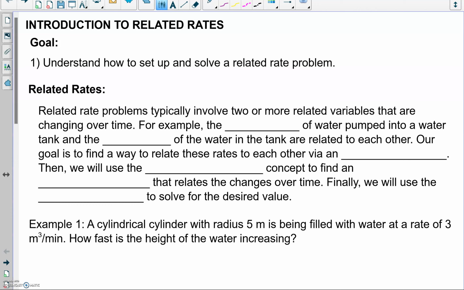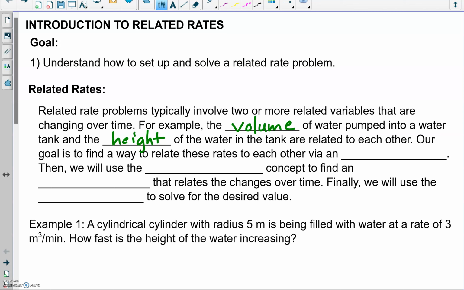So overall, related rate problems typically involve two or more related variables that are changing over time. So for example, the volume of water pumped into a water tank and the height of the water in the tank are related to each other.